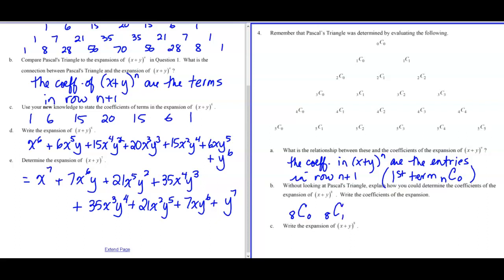And remember that pattern that we came up with was if the exponent was 8 on the binomial, the second coefficient would be 8 as well. And we have 8C2, 8C3, 8C4, 8C5, 8C6, 8C7, 8C8.